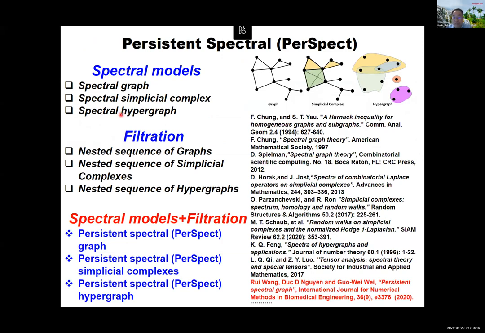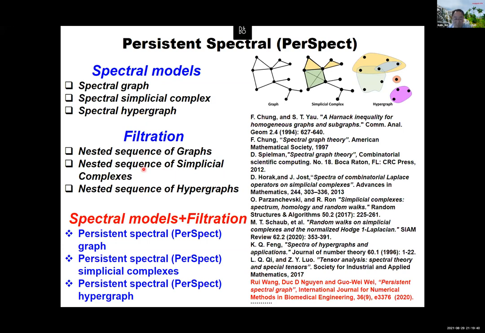There are many different ways to derive the spectrum information from a hypergraph. One area I think is very interesting is the tensor representation. Based on the tensor representation, they can have tensor spectrum information, and then use that to characterize the hypergraph properties. So what we do is combine this information with the filtration process.